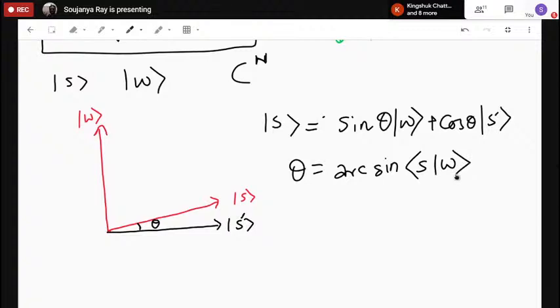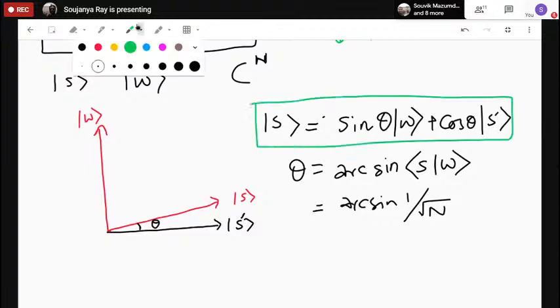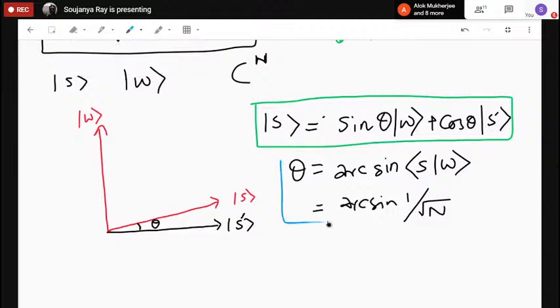Now you may ask, what is this? This is an inner product in bracket representation, and <S|W> is also equal to arcsine of 1 by root n. So this is the definition. I'll encircle it so that it is quite visible. I'll encircle this in blue.